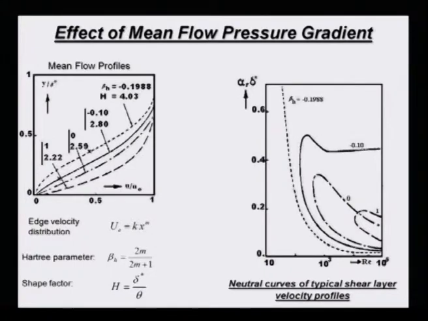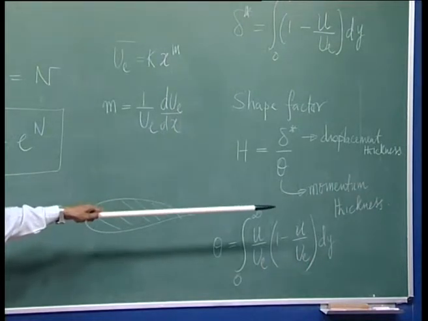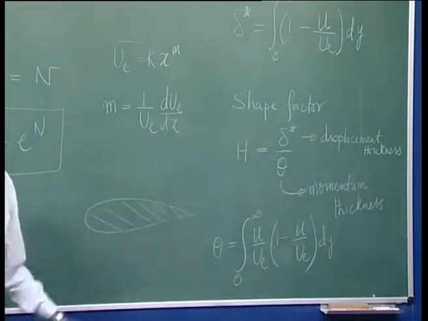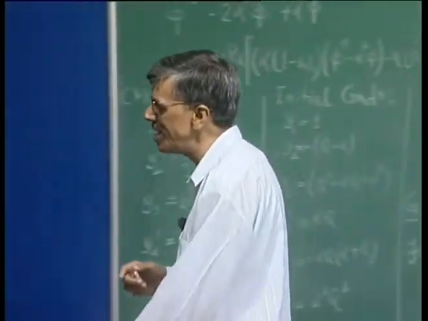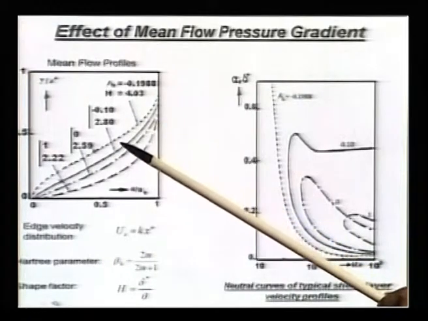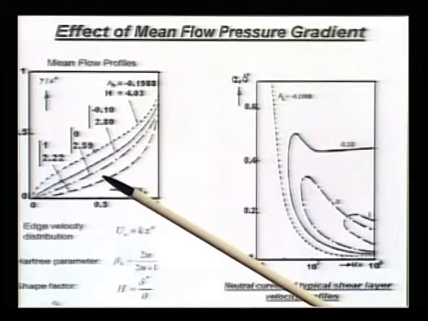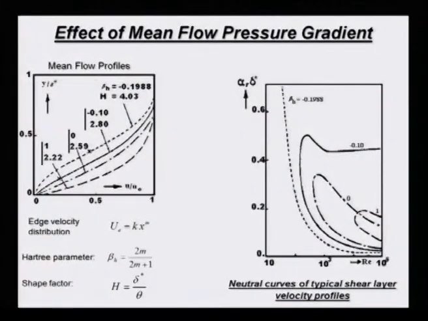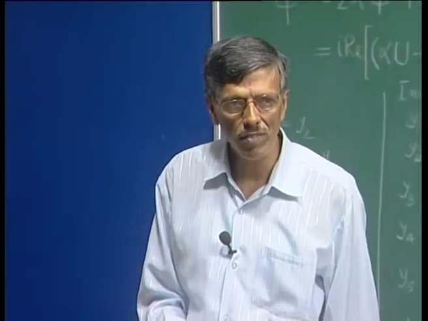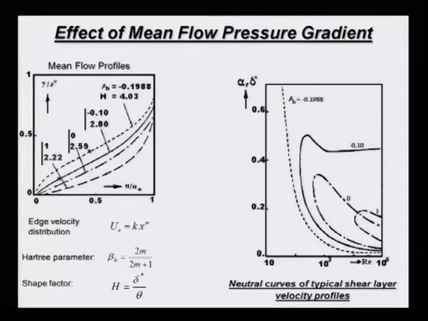The corresponding momentum defect lags. So, the numerator increases, the denominator does not keep pace with that. So, overall h actually increases. That is what you are seeing: m has become negative, so you have adverse pressure gradient and h has increased. The other scenario, of course, would be the case where m is positive, and then the corresponding value of h will be lower.